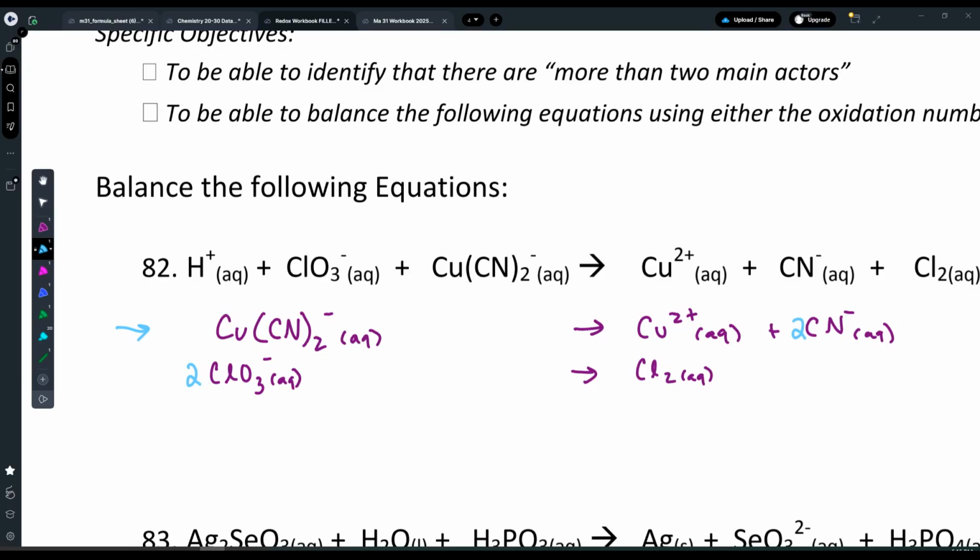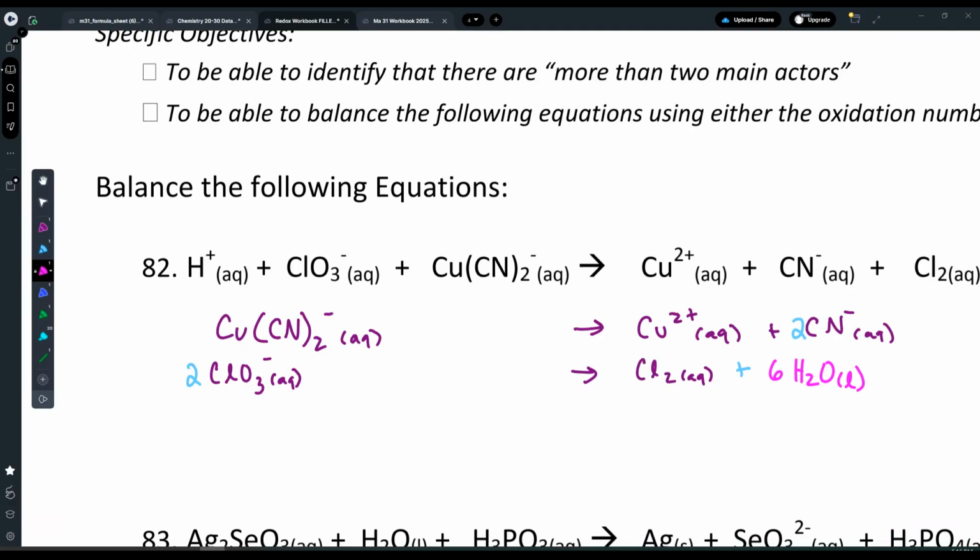For the next reaction, I've got 2 times 3, so I've got 6 oxygens on the reactant side, so I need to have 6 on the product side. Okay, and actually I should use pink for that. Okay, so oxygens are balanced for both reactions.